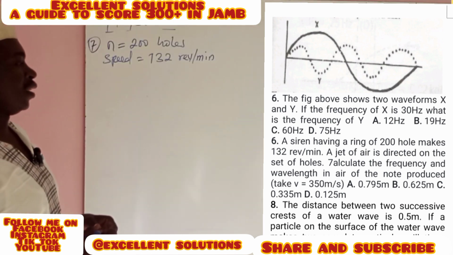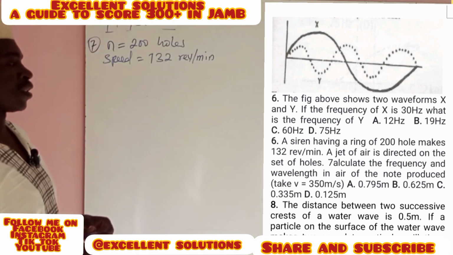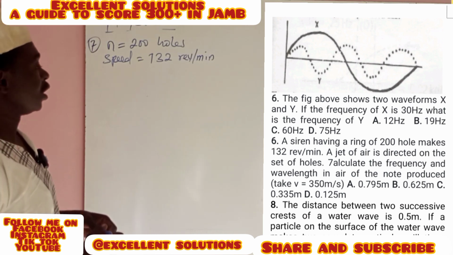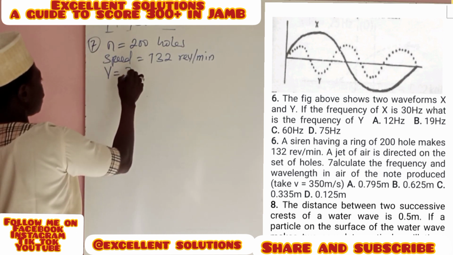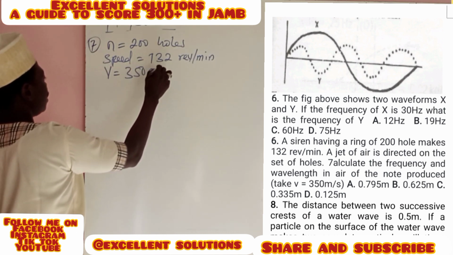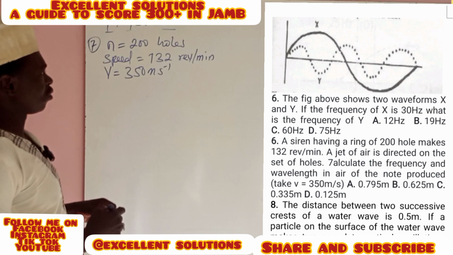A jet of air is directed on the set of holes. Calculate the frequency and wavelength in air of the note produced. Take velocity equals 350 meters per second.